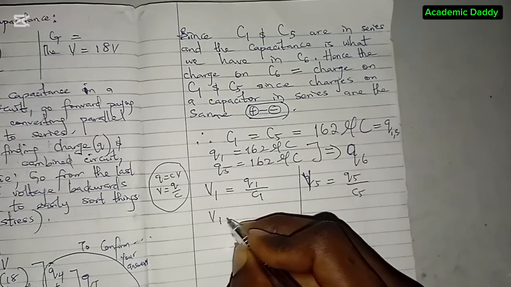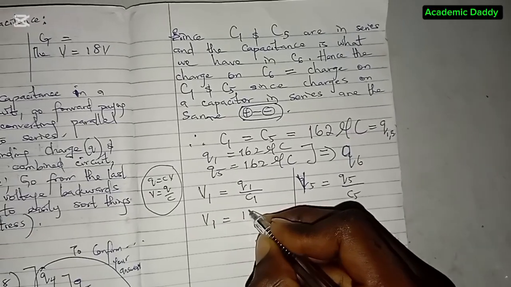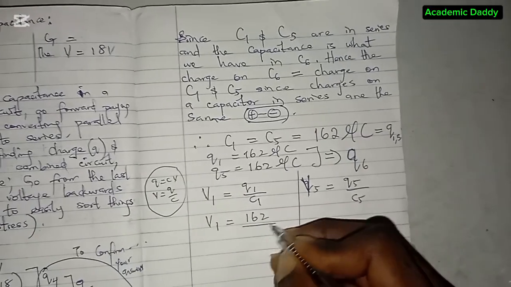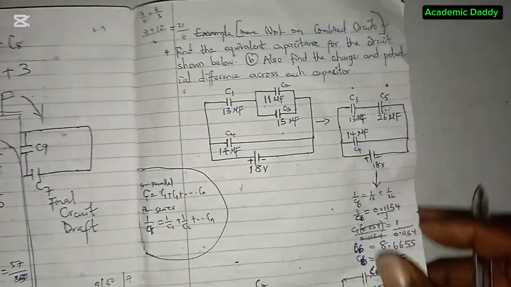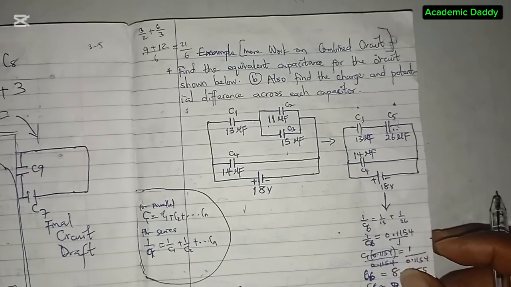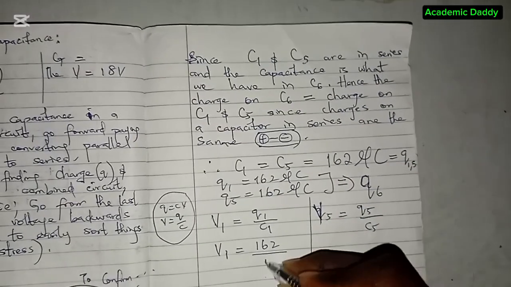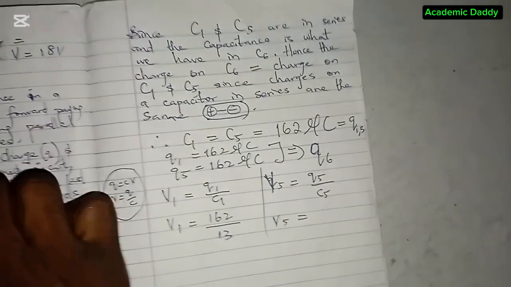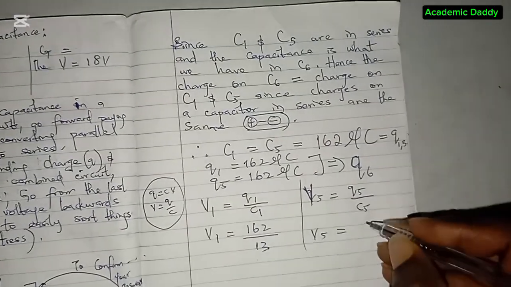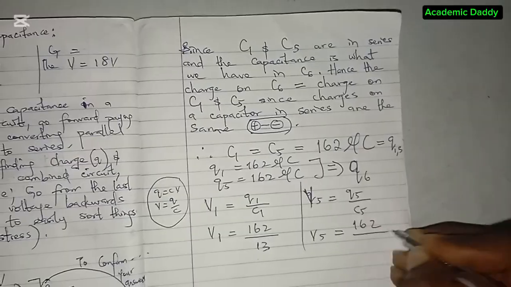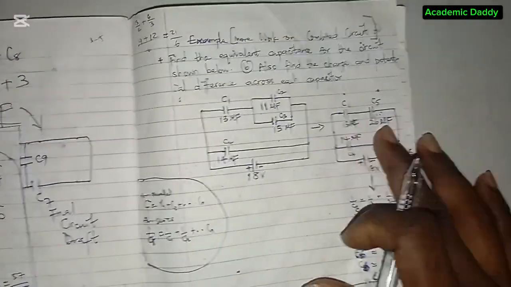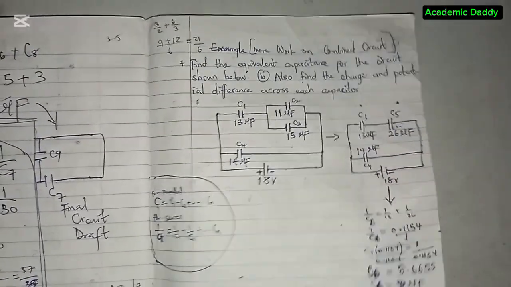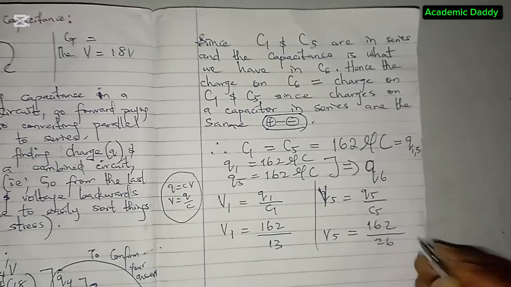So V1 will be equal to 162 all over this capacitance. This individual capacitance is 13. While V5 will be equal to, Q5 is the same thing, 162 all over this individual capacitance, 26.